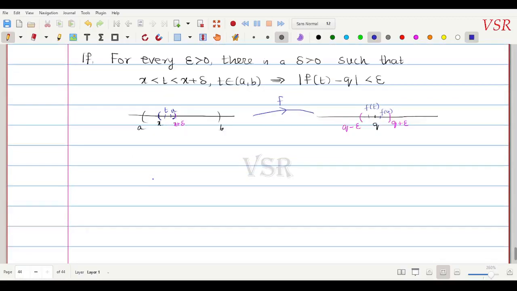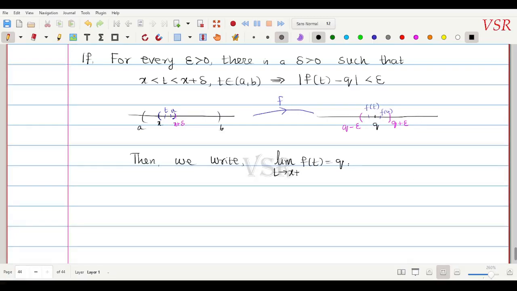Then we use the notation: limit t tending to x plus, from the right side, of f of t is equal to q. This is called the right limit.